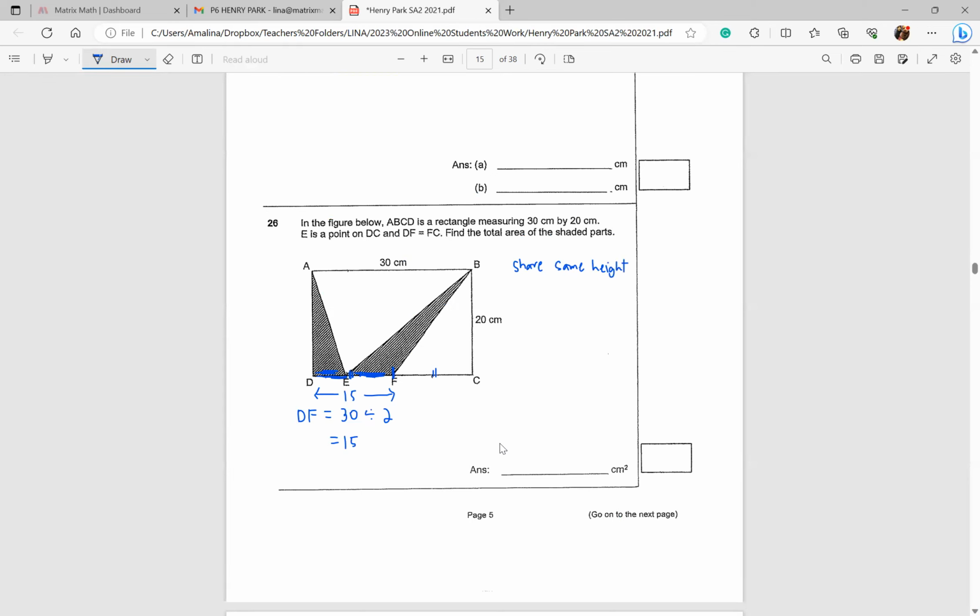The two shaded, the height is 20 cm. So since the triangles share the same height, I can combine to find the area of the shaded parts. So I take half times the combined base, which is 15, and times the height, which is 20. So I get my answer, 150 cm squared.